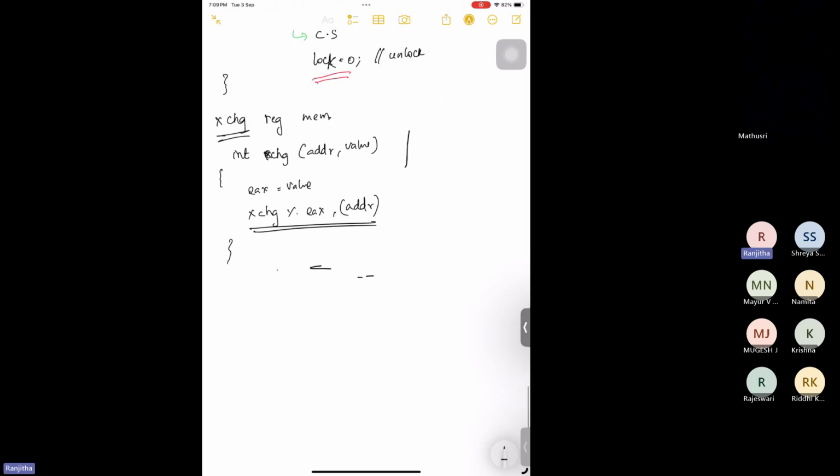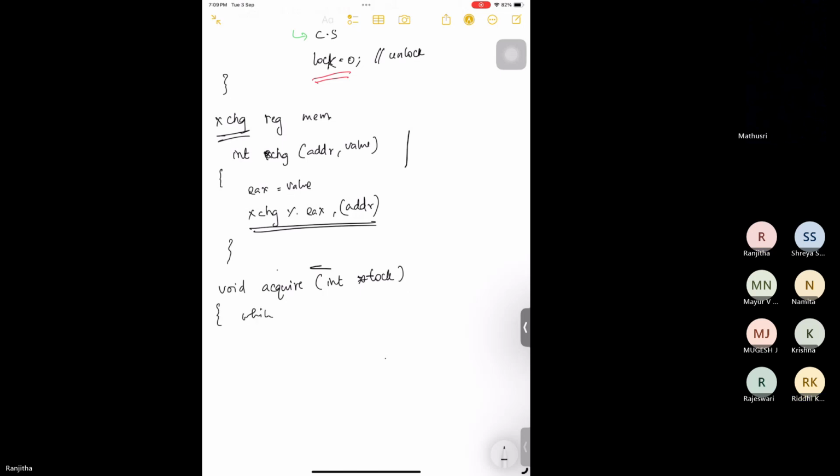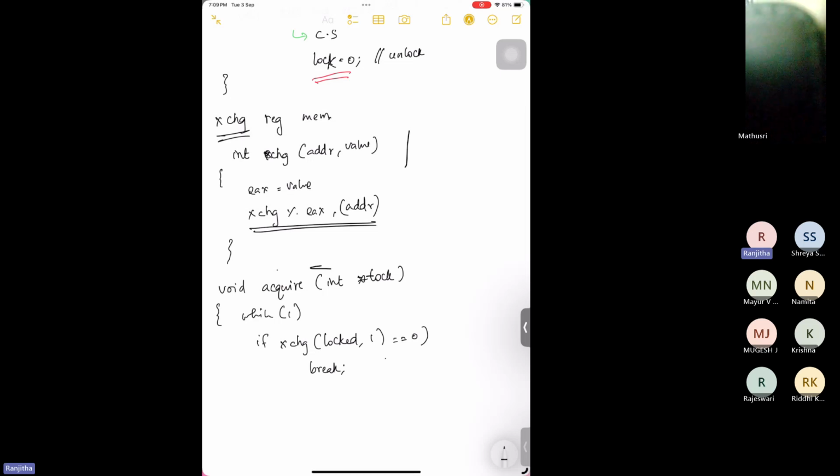Then how do we invoke this? The invocation is like this: acquire lock, while XCHG equal to 0, then you break. Otherwise, you will be in the loop.